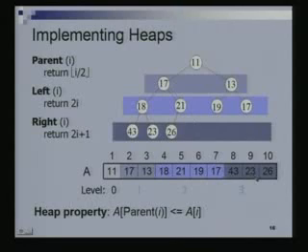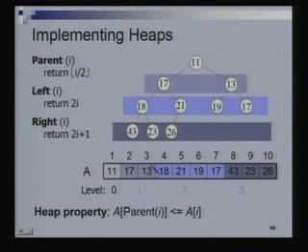You can do it for any other node. Let's take node 26. 26 is at location 10. 10 by 2 is 5, whose floor is also 5. So the parent of 26 is at location 5 and is 21. So you can quickly determine the parent of any node if you know the location of the node. So parent is just at location floor of i by 2 if the node is at location i.